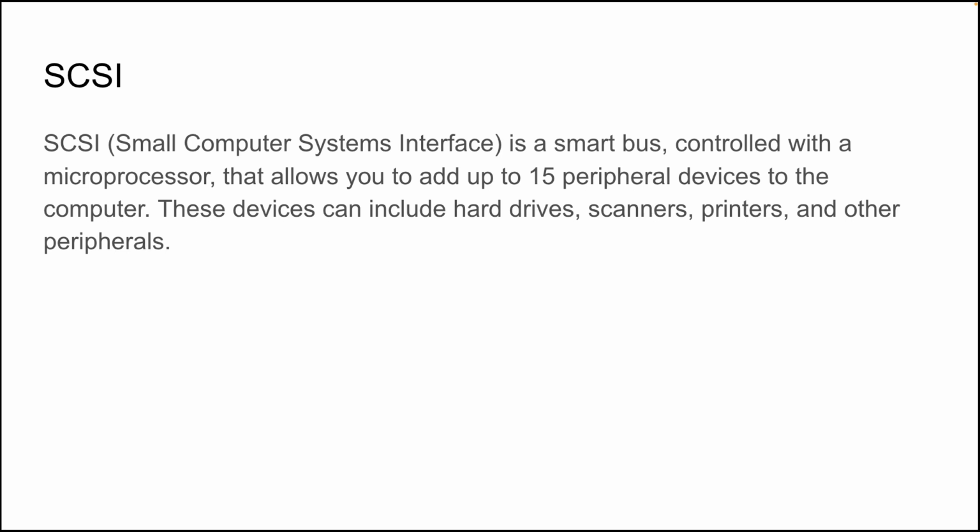These devices can include hard drives, scanners, printers, and other peripherals. So when you think interface, think of connection. That's something that you're going to connect to. So a small computer system interface is just a small connection that has a bus that transfers data. It can be any type of data over this device, and it allows you to connect to drives, scanners, and printers.